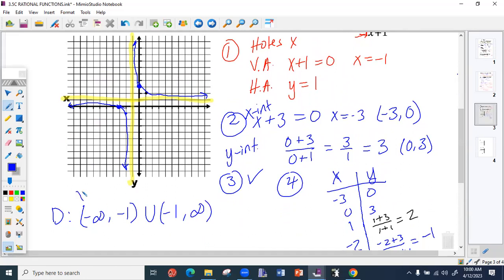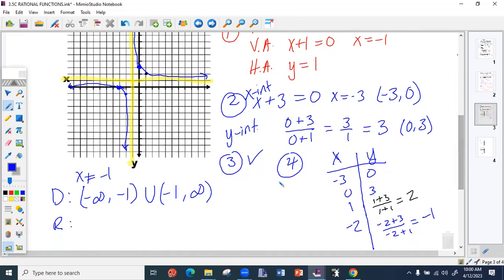And this is because X cannot equal -1. On my range, what's going to stop it? Your horizontal asymptote, right? So Y cannot equal 1. So therefore your range is from -infinity to 1, 1 to infinity.